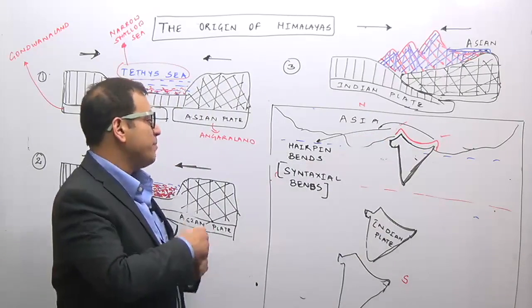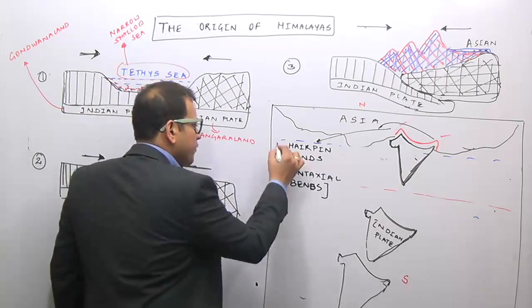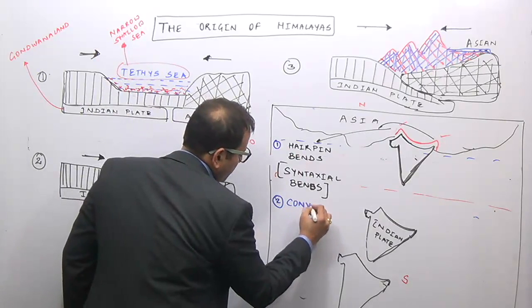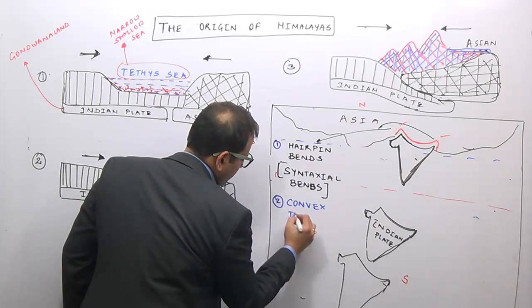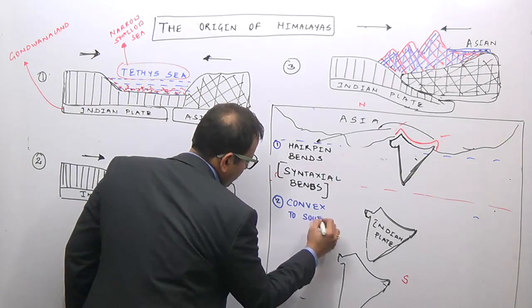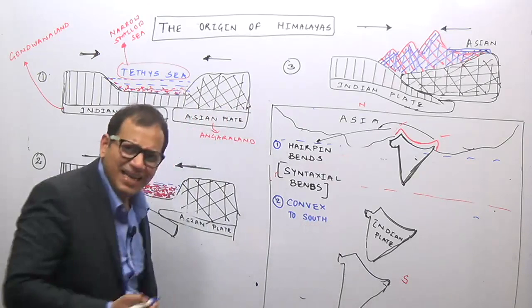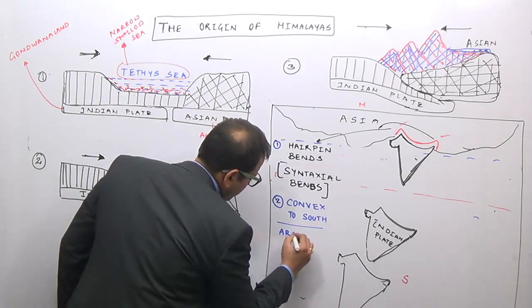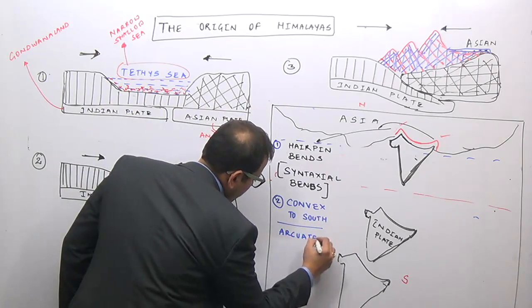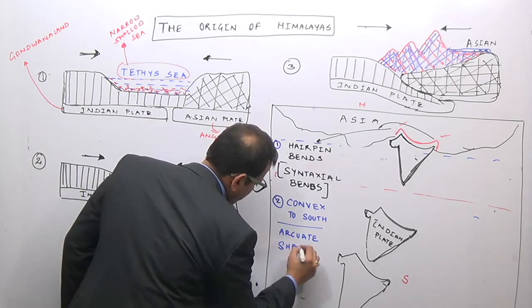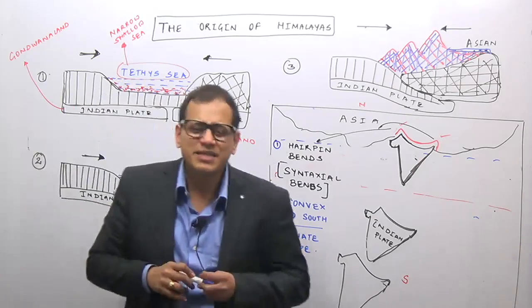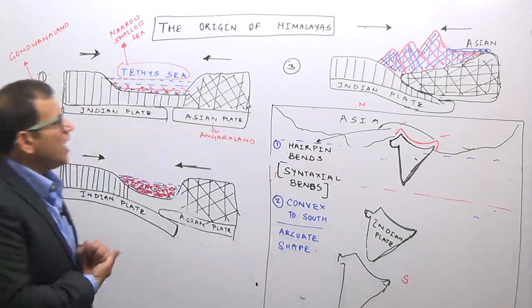Now, the second point to remember about the Himalayas is they are convex to the south, and therefore they have an arcuate shape. Such a shape is known as arcuate, or we can say a semicircle-like shape.